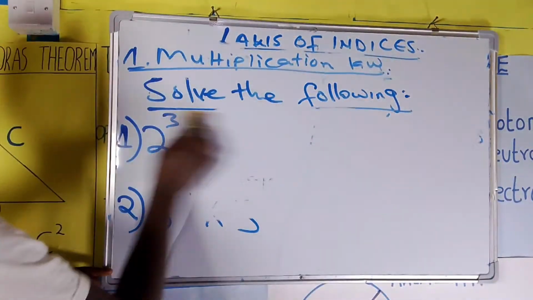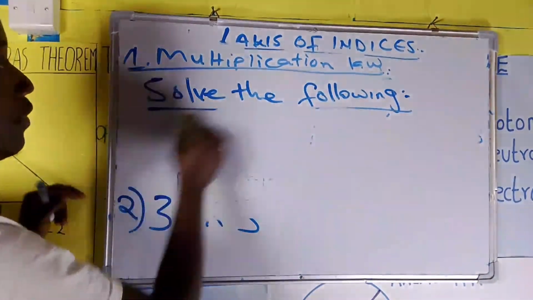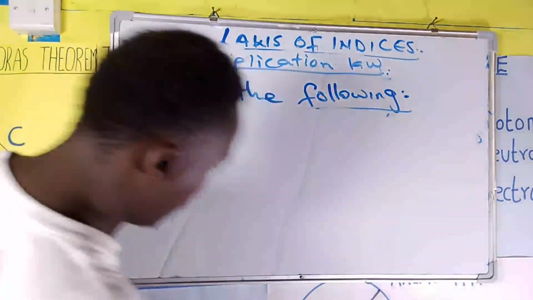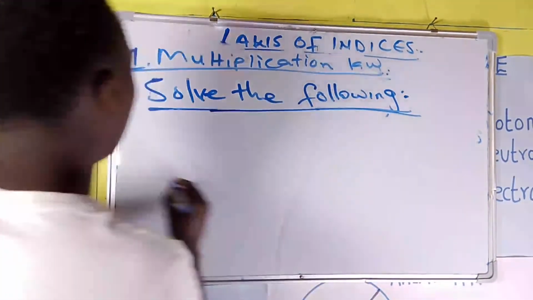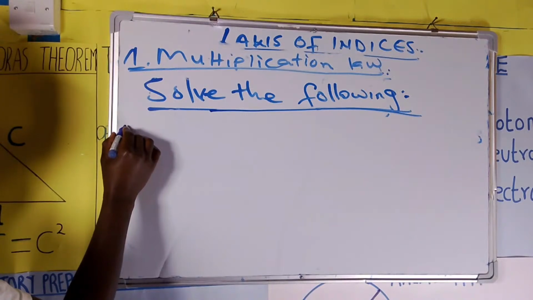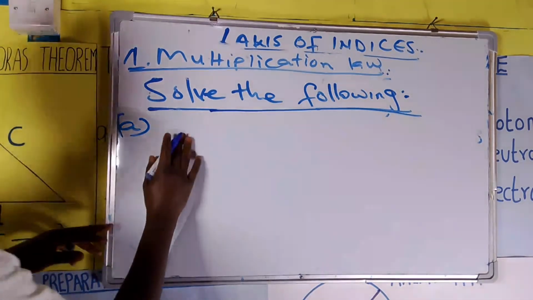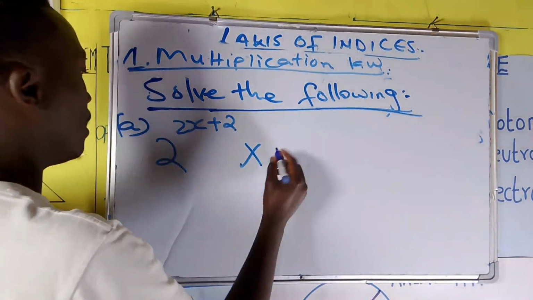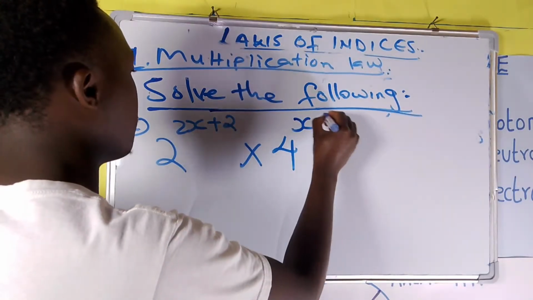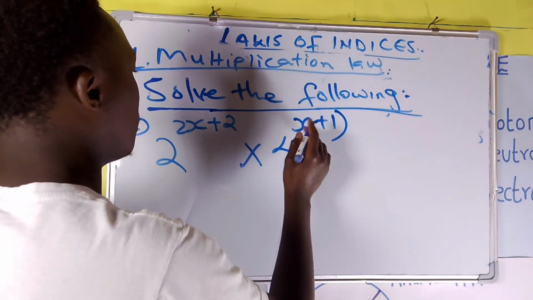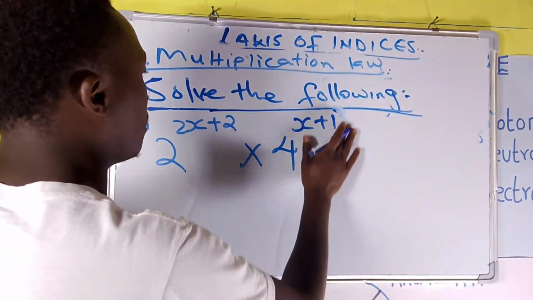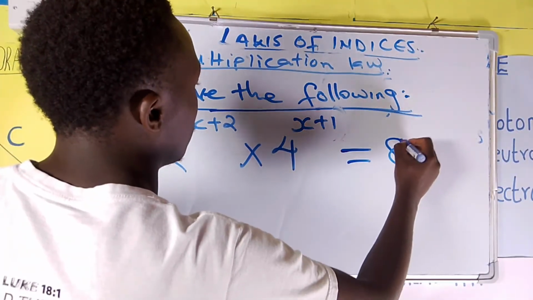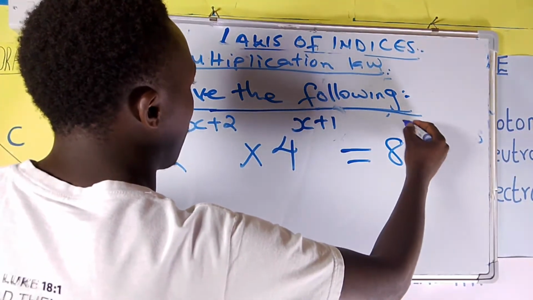Let us do some more examples. The reason I edited division back to multiplication is because I feel there are still some more examples that we need to do. So we can have a question here. Solve the following. 2 to power 2x plus 2 times 4 to power x plus 1 is equal to 8 to power x.